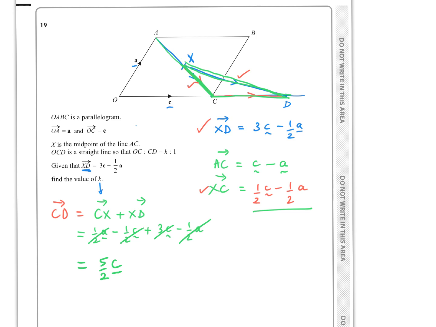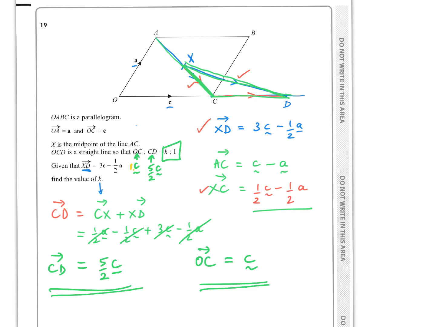So we know that OC is given in the question, and we also now have CD. If this was C here, and we've just found this as 5 over 2 c, we want the ratio k to 1. So we've got one of these and 2.5 of these.